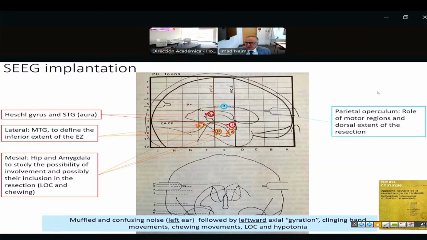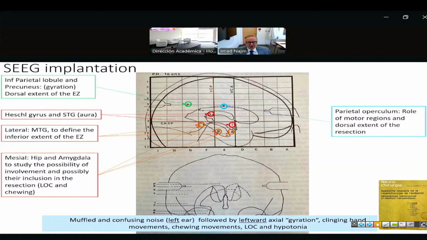And then there is an electrode in the parietal opercular region, basically to cover part of the motor areas of the brain, but at the same time to constitute the dorsal coverage of the main area of the seizure onset hypothesis.